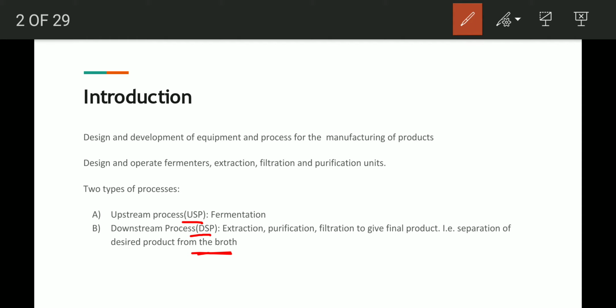So in the DSP you use extraction, purification, filtration. Then you also use chromatography in downstream processing. So that means that downstream processing is separation of your desired product from the fermentation broth.